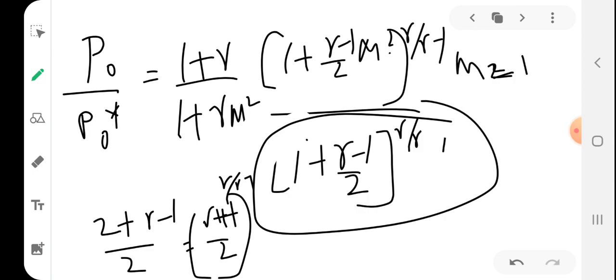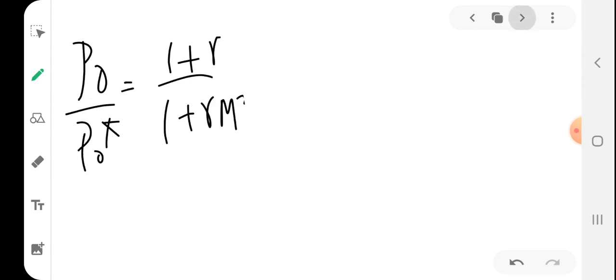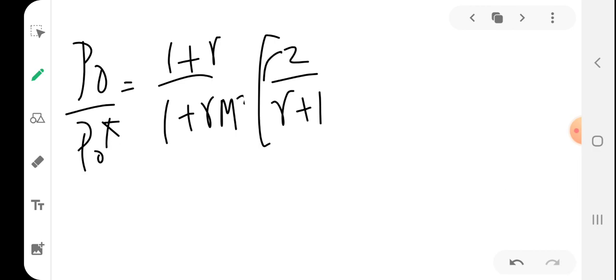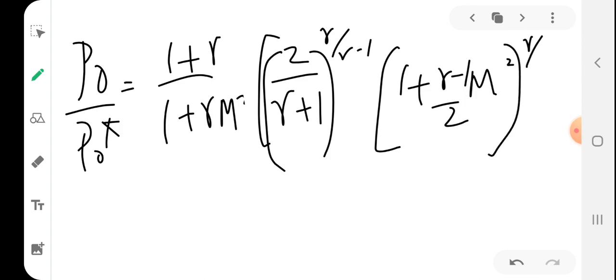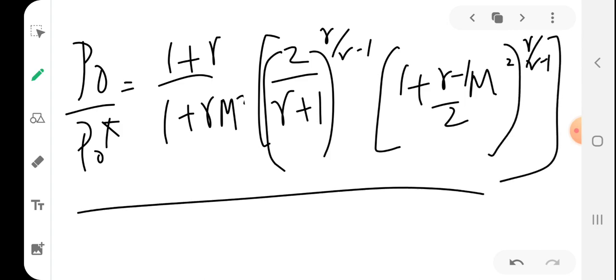Since this is in the denominator, I am taking it in the numerator as an inverse. So it becomes (2/(gamma + 1)) raised to gamma/(gamma - 1) into (1 + (gamma - 1)/2 M^2) raised to gamma/(gamma - 1). So this is the equation for P0 by P0 star.